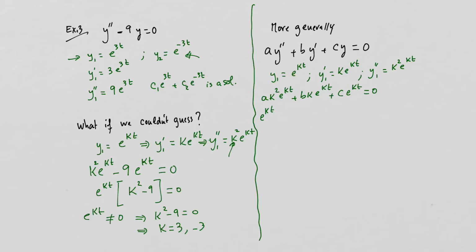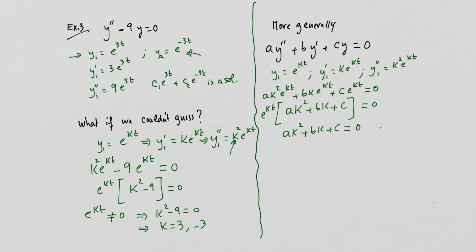Factor out e to the kt again. I get a k squared plus b k plus c equals 0, because e to the kt cannot be 0.